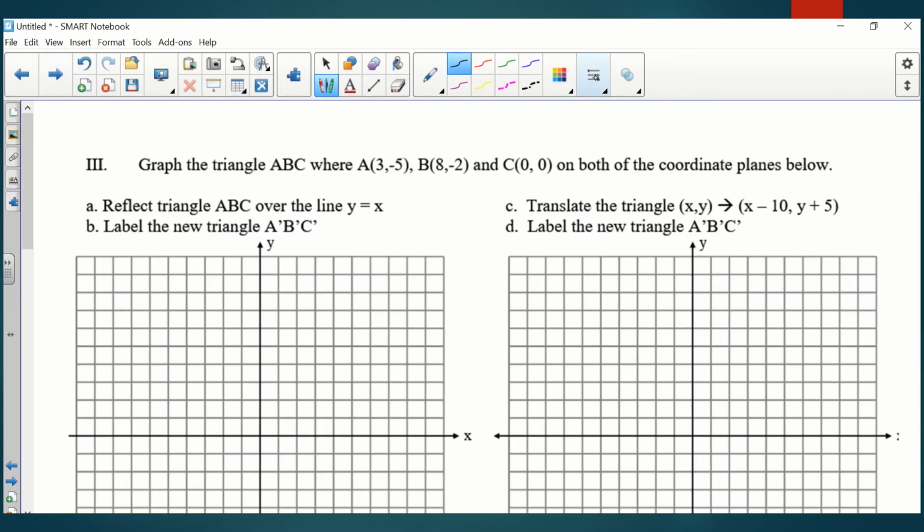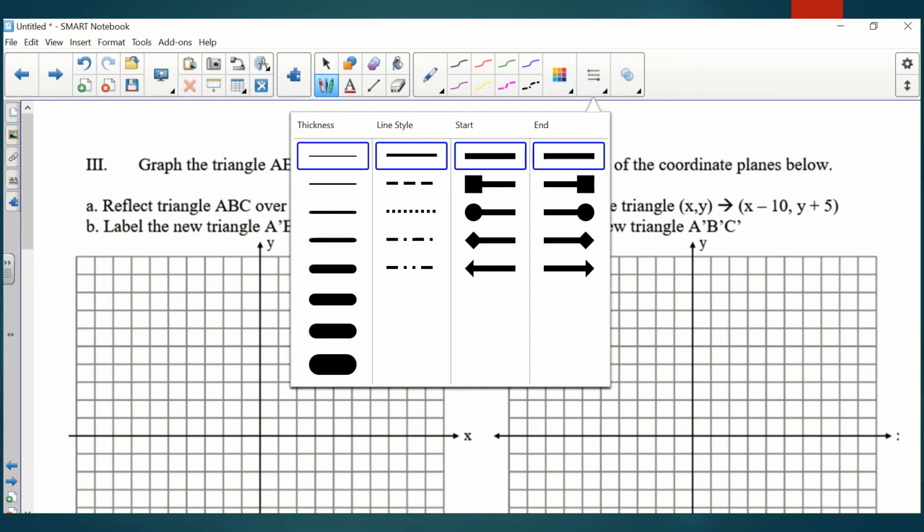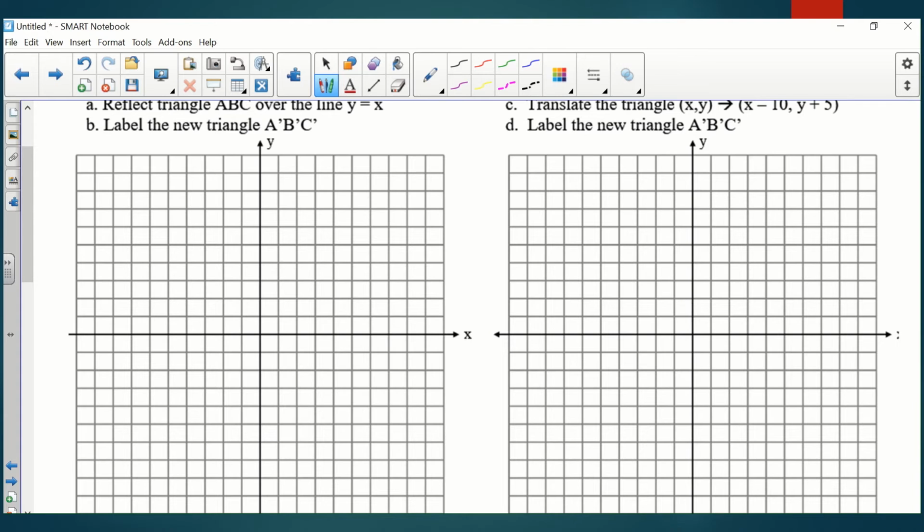So we are going to now be working with triangle ABC. First point is located at 3, -5.